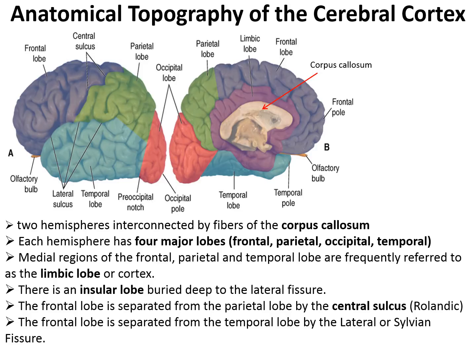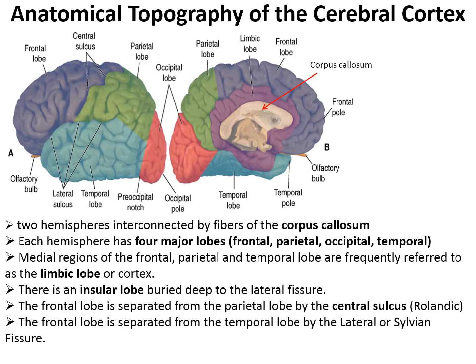And then deep inside this lateral fissure, we'll find another structure known as the insular lobe. The frontal lobe is separated from the parietal lobe by this central or Rolandic fissure.